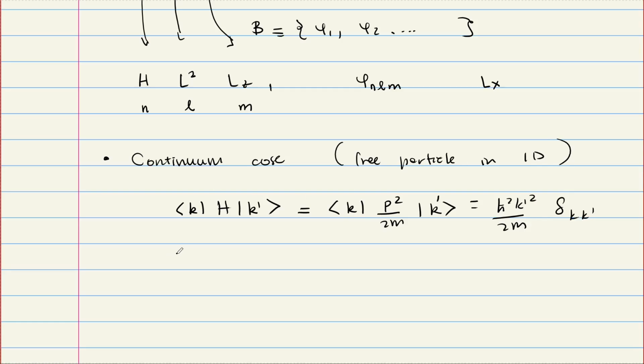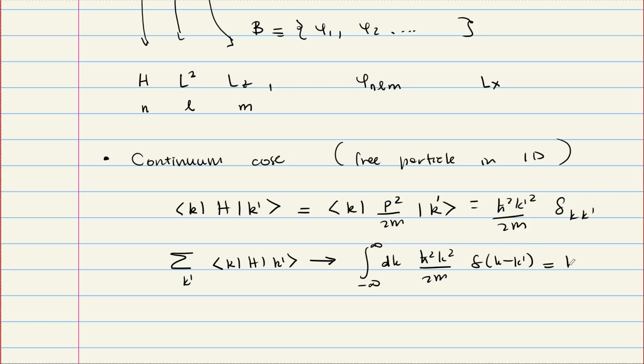And if you sum over k prime, k, H, k prime, in the continuum case these discrete summations go to integrals. We have dk from minus infinity to plus infinity, h bar squared k squared over 2m delta of k minus k prime, which is h bar squared k prime squared over 2m.